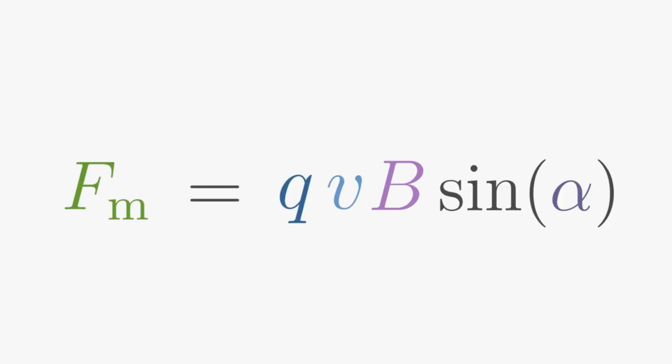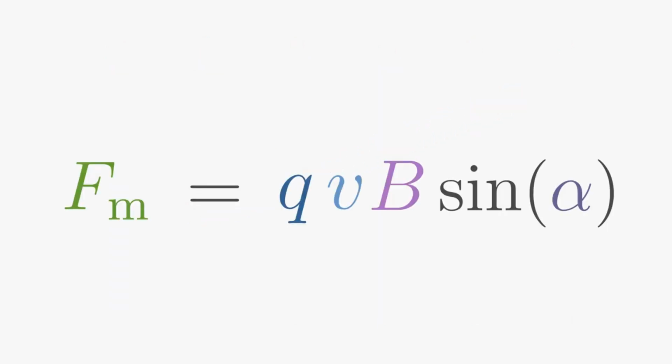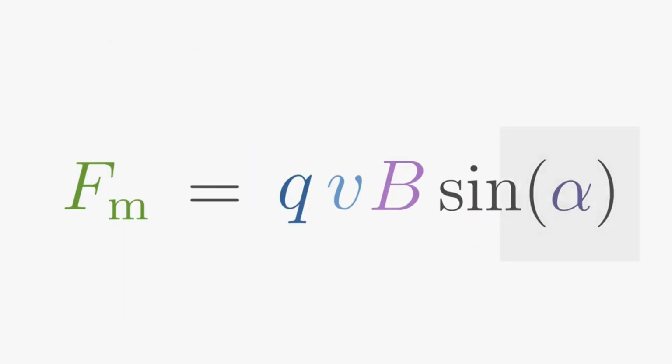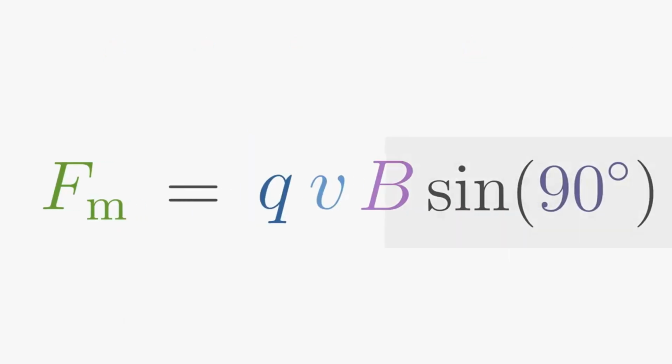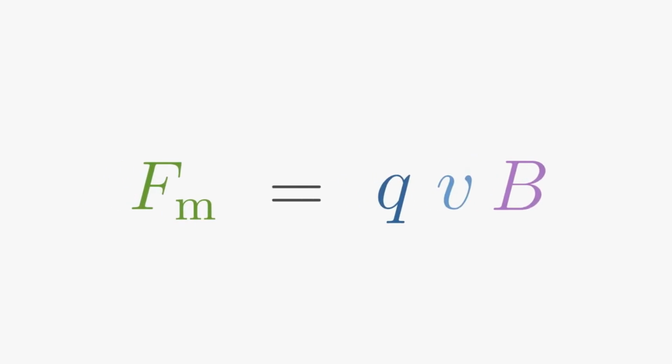If the charge flies perpendicular, then alpha is equal to 90 degrees and sine of 90 degrees is 1. This results in the original simple QvB formula.